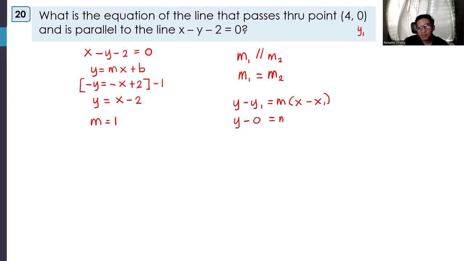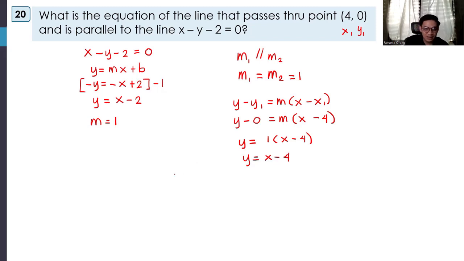Is equivalent to m multiplied by x minus x sub 1 natin is eto, 4. So last thing is, simplify po natin, magiging y is equivalent to, again, m1 is equivalent to m2 which is 1. So 1 multiplied by x minus 4. So, simplify ulit, magiging x minus 4.